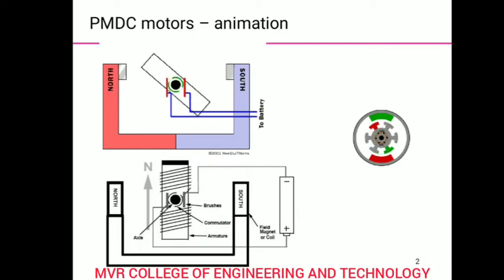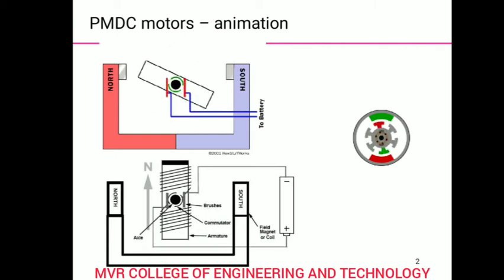Here you can see the brushes, commutator, armature axis, and north and south pole, and there is a field magnet coil connected to the rotor winding. Whenever the supply is given using the brushes, it gets excited, and the north and south poles produce a flux. These opposite fluxes will interact with each other and give the resultant flux.